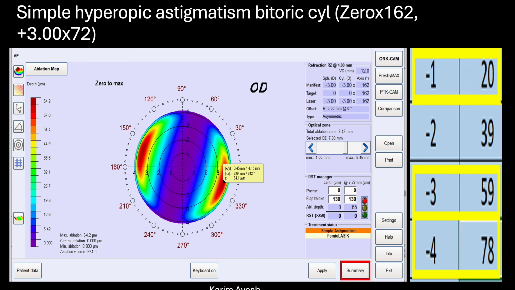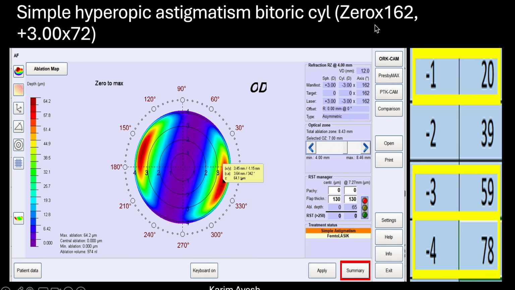But I'm assuming the machine is ablating this refraction as a bitoric, just to understand the bitoric. Okay? If you have a bitoric cylinder, it will be 0, axis 162, or +3, axis 72, according to this refraction. After I transpose it, I will show you later how you can get a bitoric cylinder.